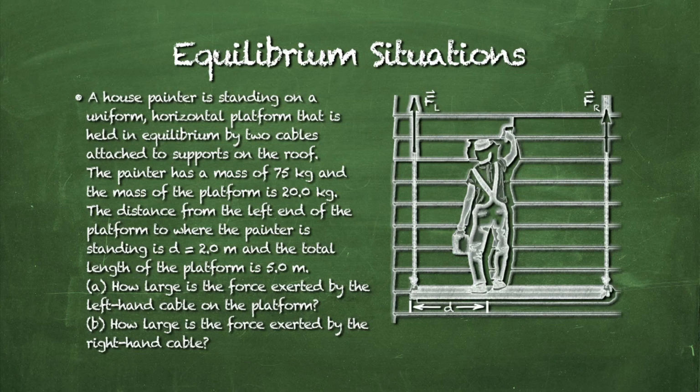What I would like you to do is draw your diagram of this situation, list your knowns and unknowns, and think about the equations that would apply to this. I'll give you a few seconds to get started on that. Let's go ahead and get started and think about how you would use your equations to answer this question.